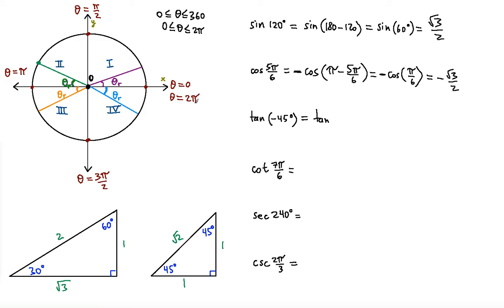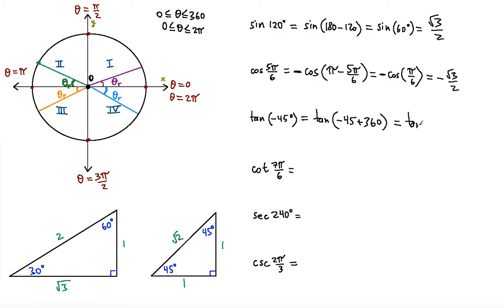Or 2 pi in radians, right? So this counts for the entire circle. So that means if we simply add 360 degrees, we will get to the right angle measure, right? So to do that, look what happens.